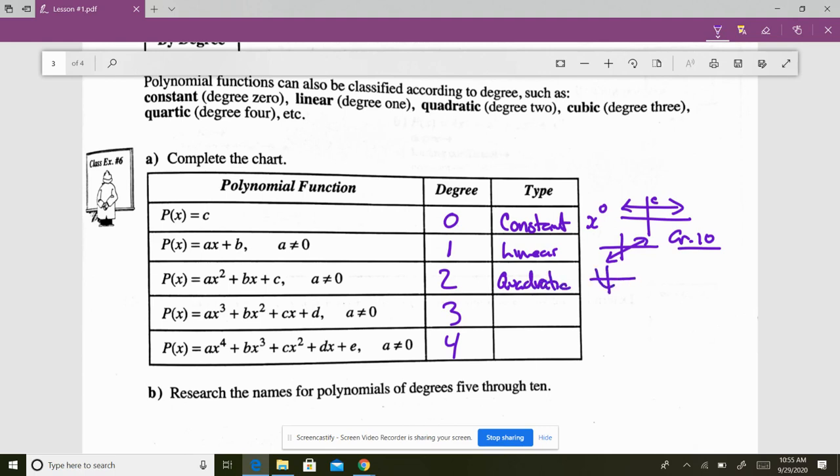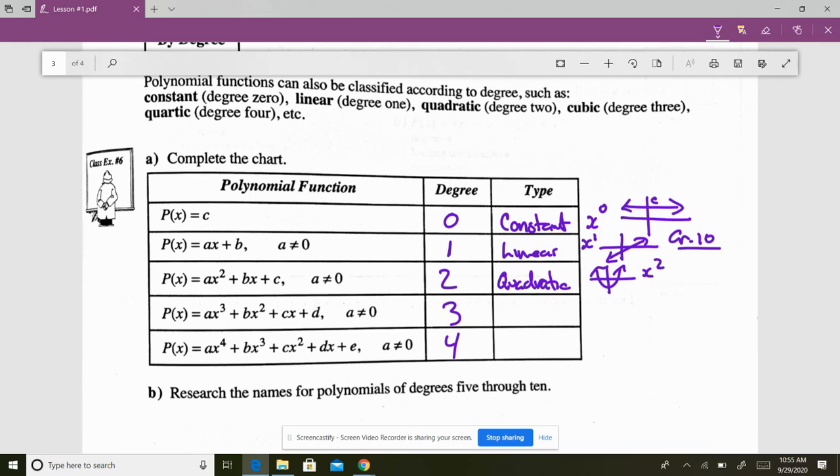And so we know that they are parabolas opening up or down depending on the leading coefficient. So the second one we can say is x to the 1. This is x to the 2. What's the third one called? Cubic. If it's a third degree, it's called a cubic.